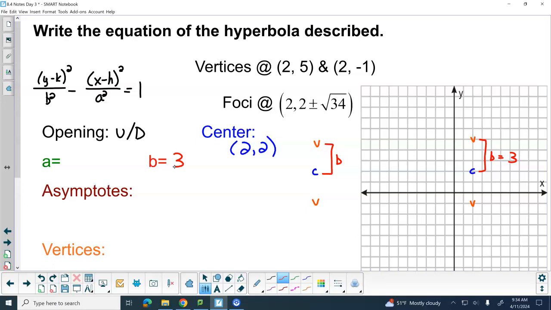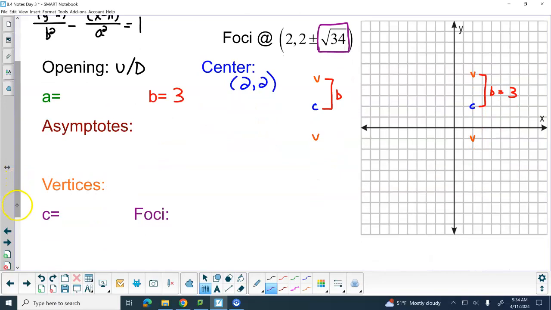Now, with this foci, this value right here, what I'm adding to 2, 2 is my c value. Which means that c squared is a squared plus b squared. C squared would be 34.